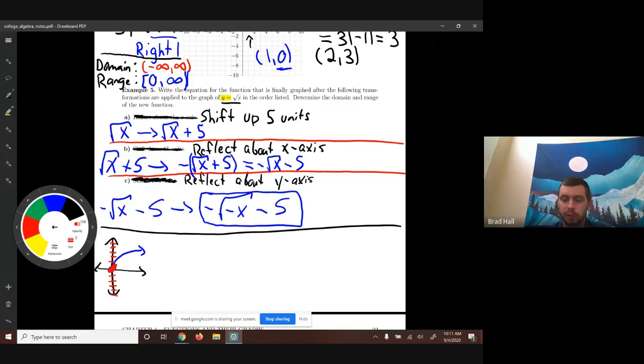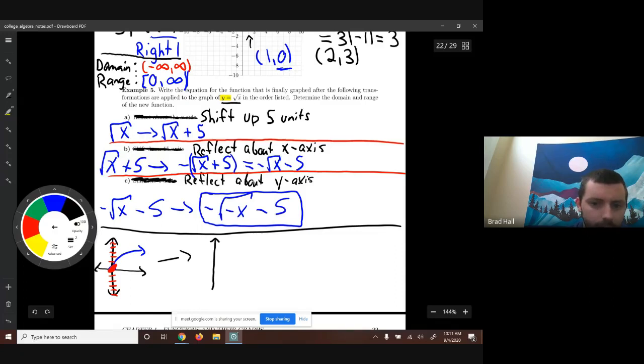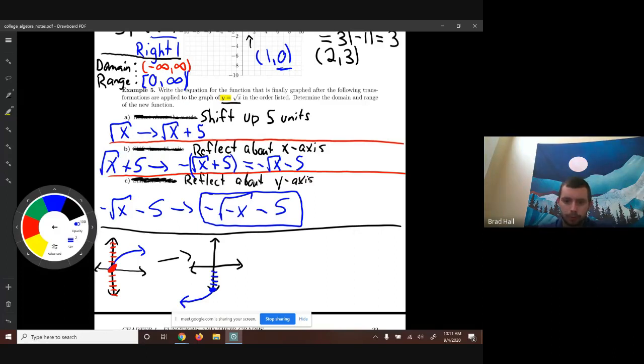And as long as we correspond the shape with all the reflections, then what we will end up getting is this shape right here. So that would be the corresponding shape after all the transformations are applied.